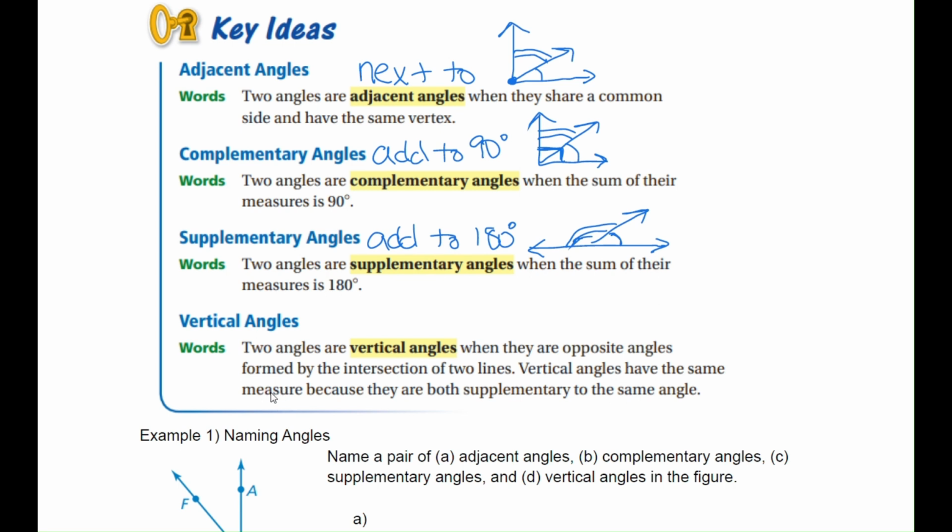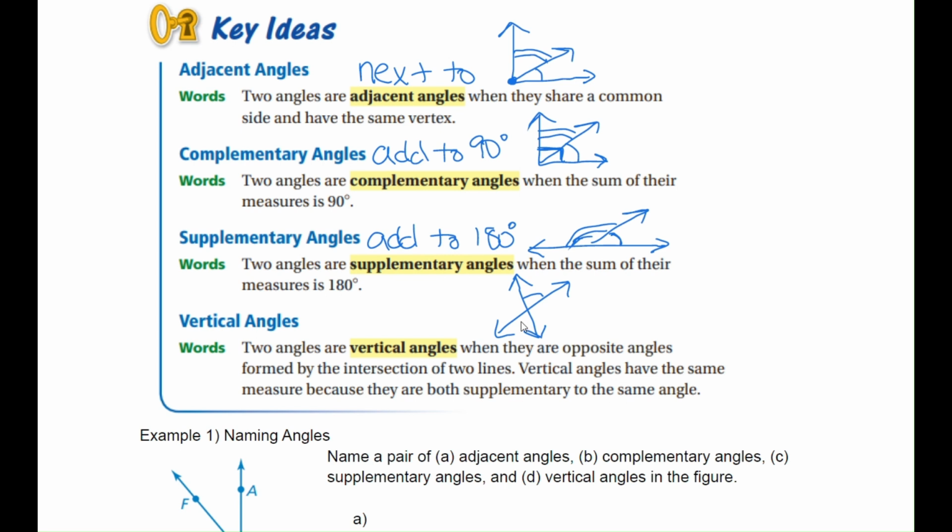Vertical angles. Two angles are vertical angles when they are opposite angles formed by the intersection of two lines. Vertical angles have the same measure because they are both supplementary to the same angle. If we have two lines that are intersecting, they form some angles.